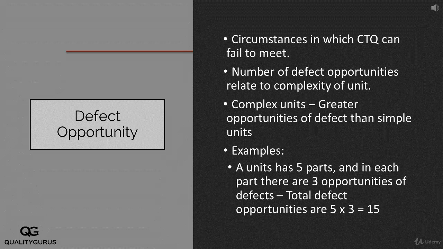Let's take an example of a unit which has 5 parts and each part has 3 opportunities for defects. Let's take the example of a water bottle. In the water bottle, let's say there are 5 parts. What are those 5 parts? One part would be the bottle itself, the second part would be the cap, third part would be the washer, fourth part could be the seal, fifth part could be the label.